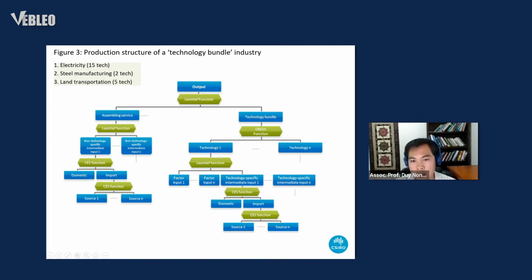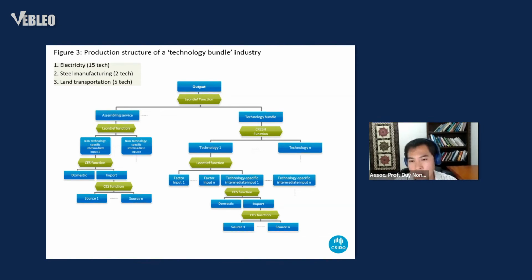But each technology uses specific inputs. For example, a coal fire power station has its own unit of capital, factory, and labor. That is just for the coal fire technology. If they shut down, for example the coal fire station, they cannot move the capital and factory to produce electricity from wind or solar.